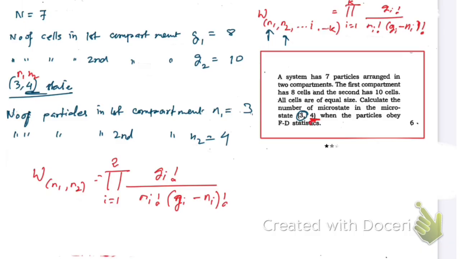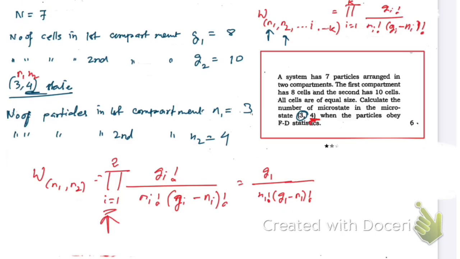So for i equal to 1, we're gonna get G1 factorial by N1 factorial into (G1 minus N1) whole factorial.